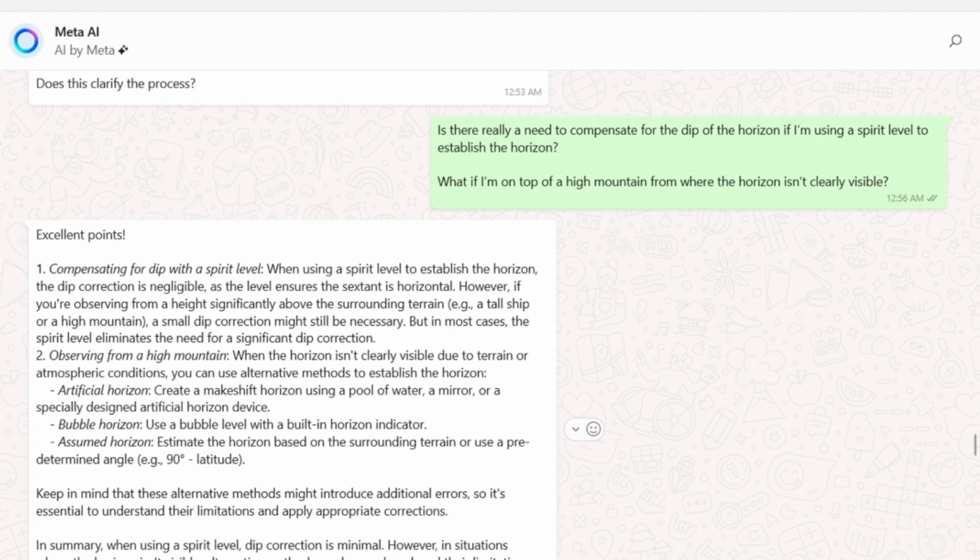In summary, when using a spirit level dip correction is minimal, however, in situations where the horizon isn't visible, alternative methods can be employed and their limitations should be considered. Do you have more questions or would you like further clarification?